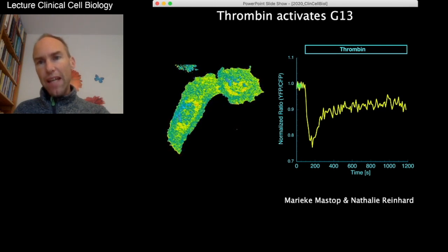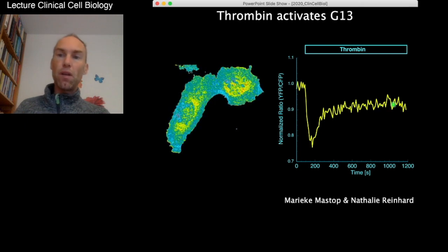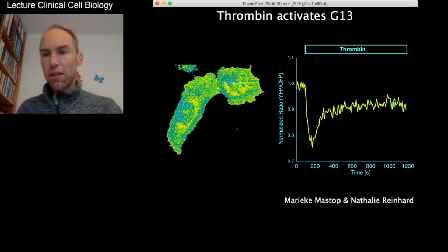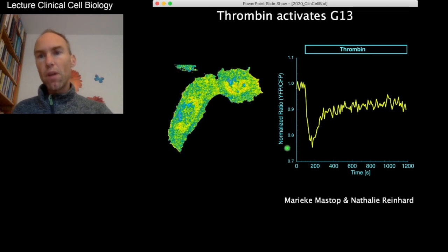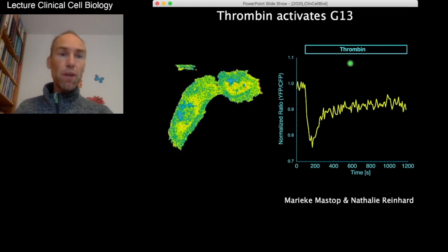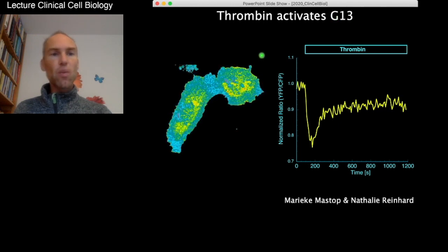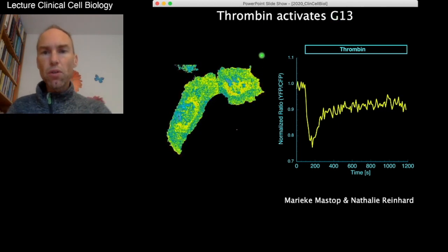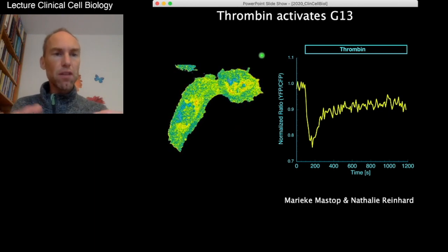And then when we activate it with thrombin, we see an activation of this G protein, which then returns to some lower level. And you see that it is nicely plotted over time. So this tells us that thrombin activates this heterotrimeric G protein. This is already well known, and it's also known that this affects cell shape and that the cells start to shrink.